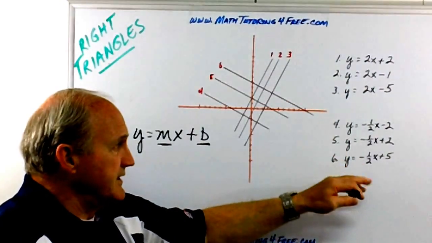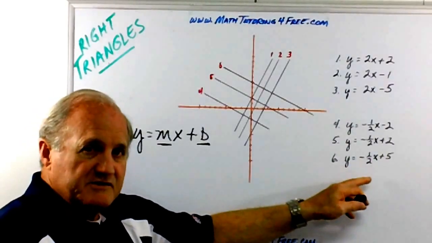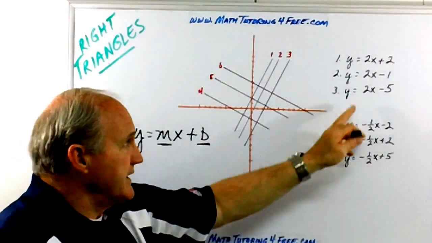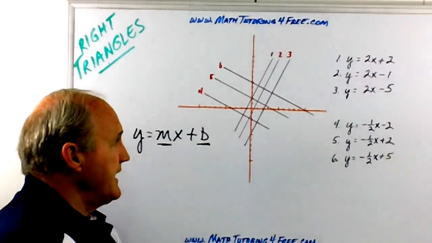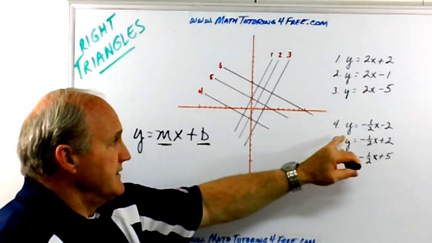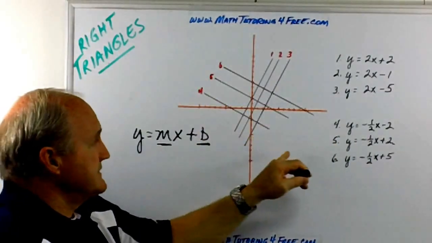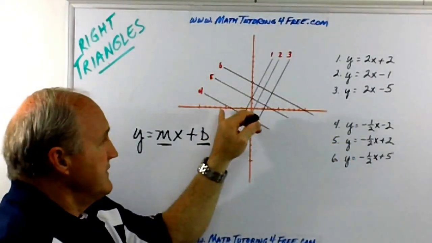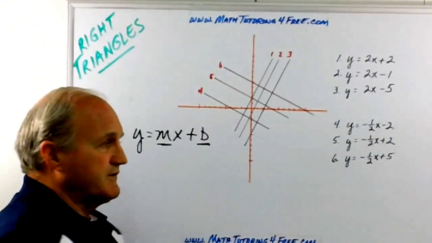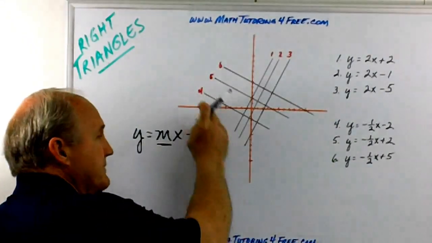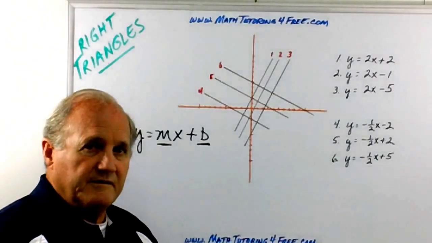So these lines all have the same slope, but they happen to be the negative inverse of the slope of the first 3. And therefore line 4, for instance, has a negative slope of 1/2. Again, negative says it's going to flow from the 4th quadrant up into the 2nd quadrant.